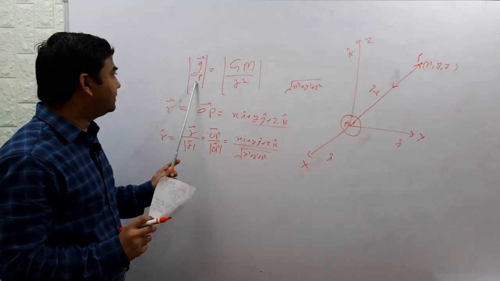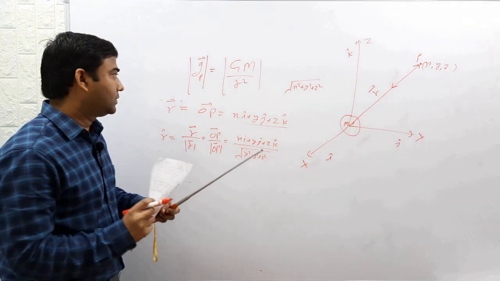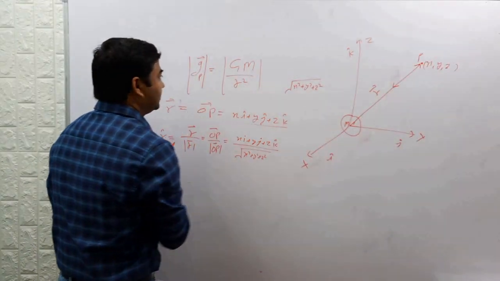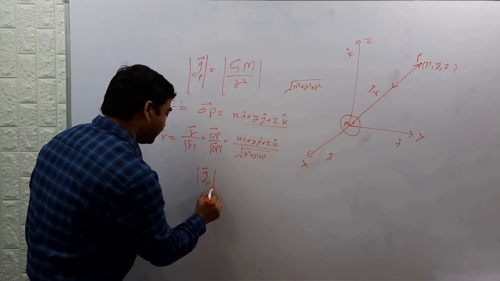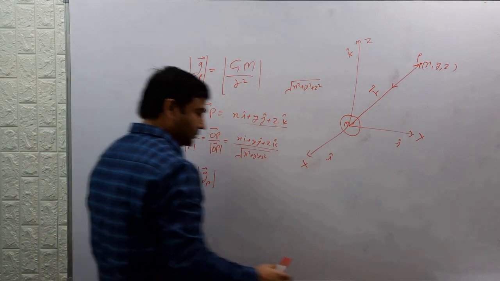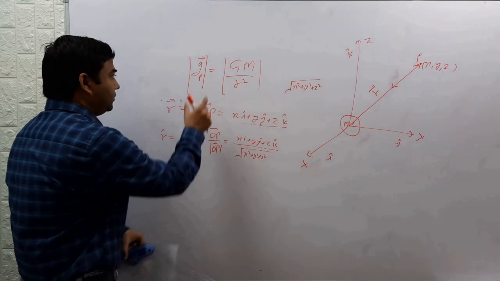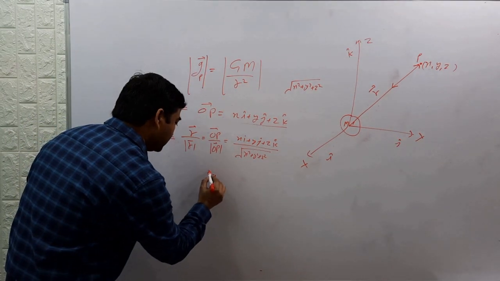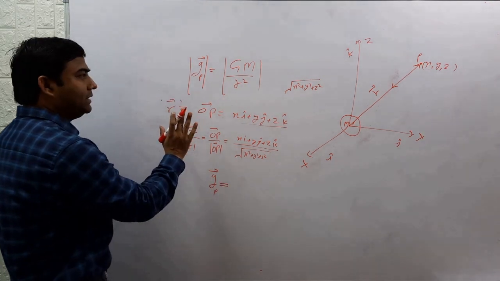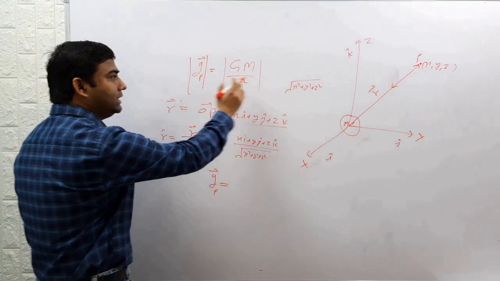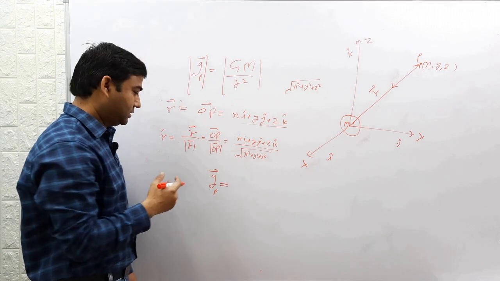Now we want to represent the vector field in the form of a vector function. So in this form we can write it as G. So we can write vector G at point P is equal to, we are finding the gravitational field at point x comma y comma z in terms of a vector function.